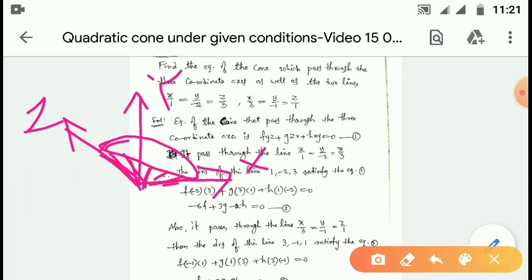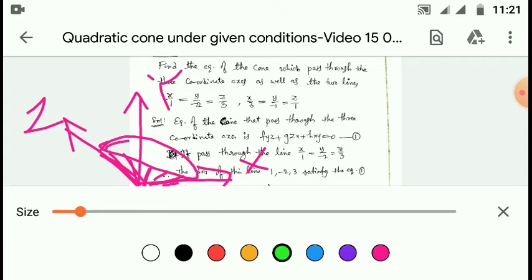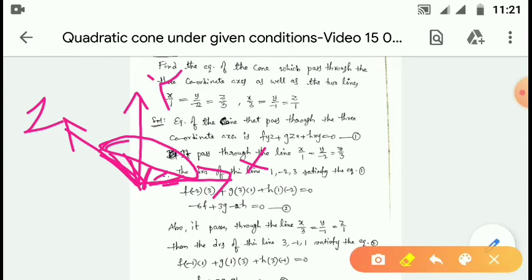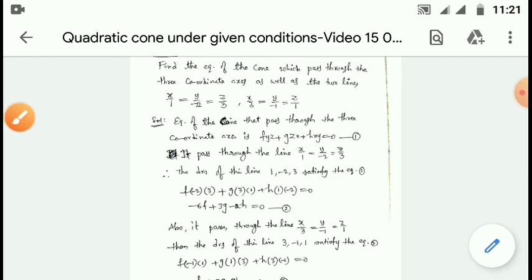Also it is given that the cone is passing through two more lines. This is one line and this is another line. So we have to find such a cone.